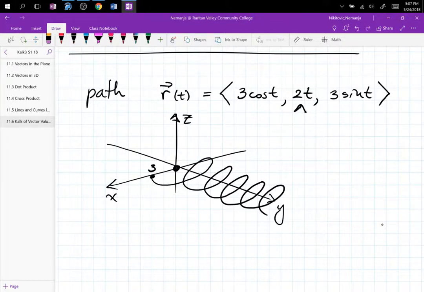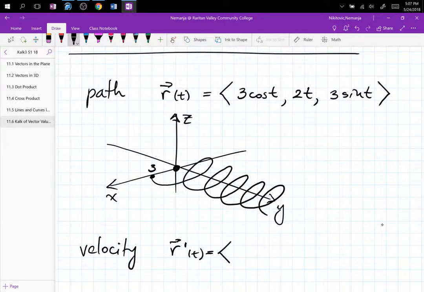Good. Very good. Now, we know to find the velocity, what do we do? We take the derivative, so that would be r prime of t. We take the derivative term-wise. So what is the derivative of cosine t?